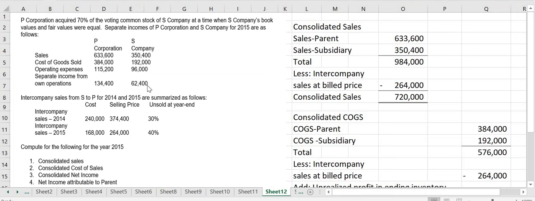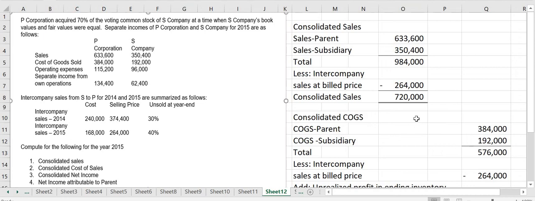Okay, so first, to compute for the consolidated sales, we have sales of parent, which is 633,600. The sales of subsidiary is actually 350,400. So deduct the intercompany sales at billed price for the current year, which is 2015. Therefore, we'll deduct 264,000. So therefore, our consolidated sales is actually 720,000.